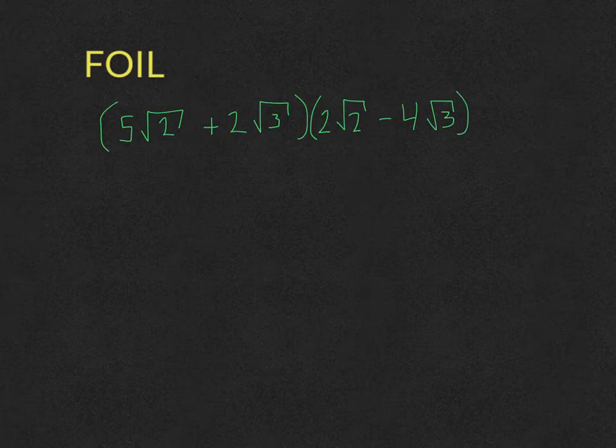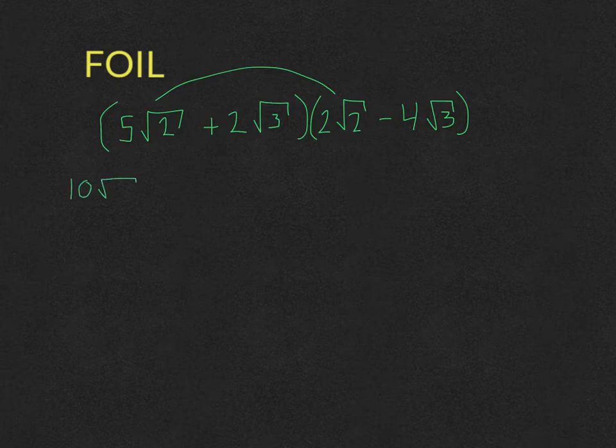Now this is a pretty complex expression, but it's going to be the exact same process as FOILing before. So you're going to go and multiply the first. We have 5 square root of 2 times 2 square root of 2. So that's 5 times 2 is 10. 10 square root of 4.